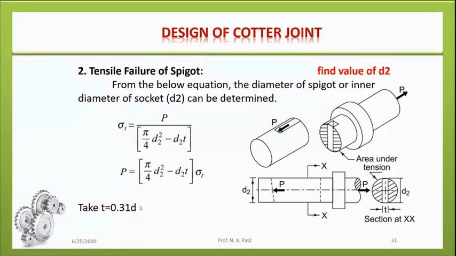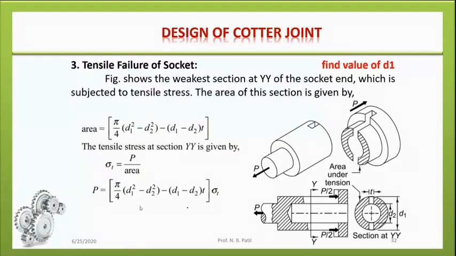Now let's move to the next slide. Tensile failure of socket. The socket is also subjected to tension, but because the socket has a hollow circular cylindrical part, the figure shows the weakest section at YY. Now where is that YY? This one. We take a section over here.